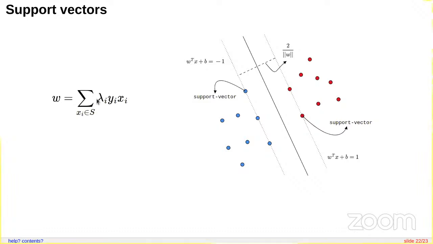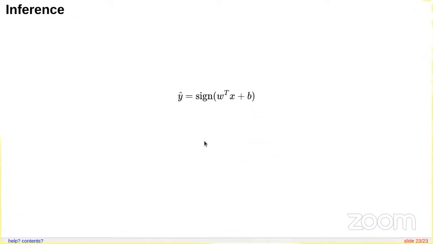You don't need any of these other points because they are not going to help you with forming the decision boundary. So you have condensed all your information into just these 5 points here. Okay, so that is the end of hard margin SVM.